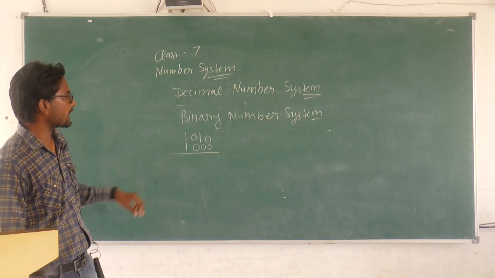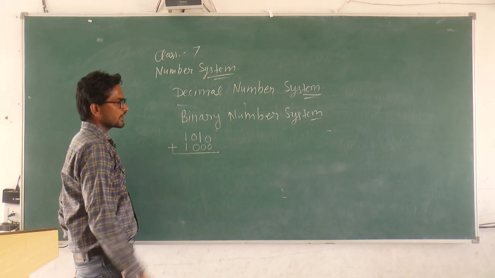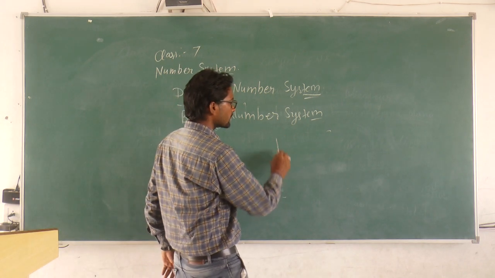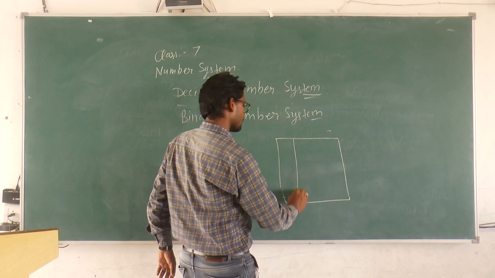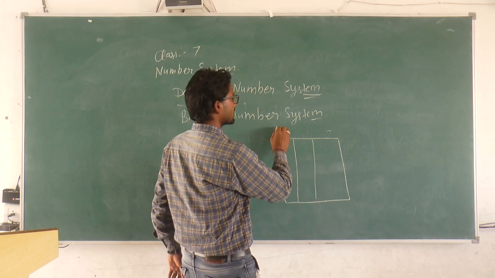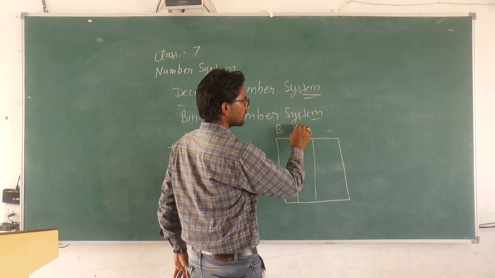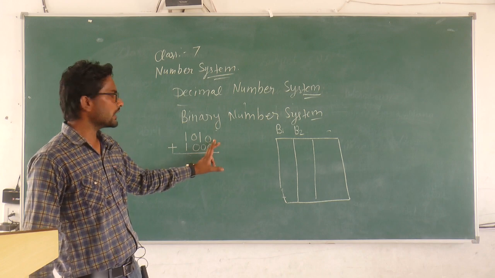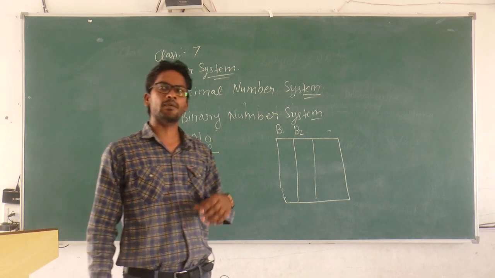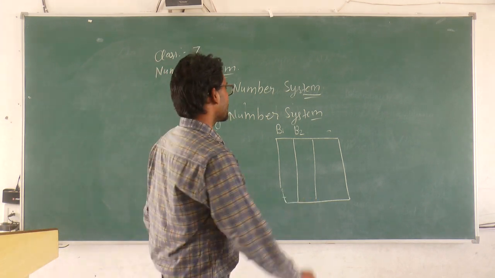Now students, how can we add it? Here I am going to make a table. This is your bit 2. Here, students, a bit means only one digit. That may be 0 and that may be 1. Okay.